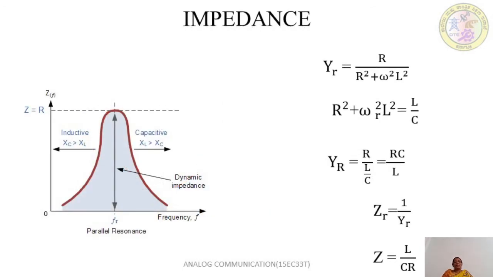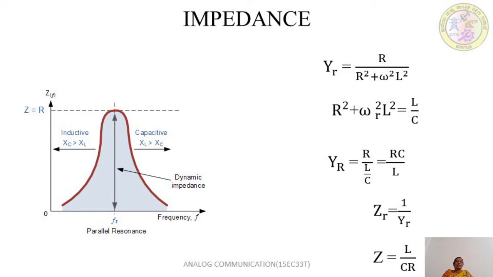The impedance curve of the parallel resonant circuit is as shown in the diagram. Impedance increases as the frequency increases from 0. The impedance is maximum at some resonant frequency Fr. The impedance decreases after the resonant frequency.